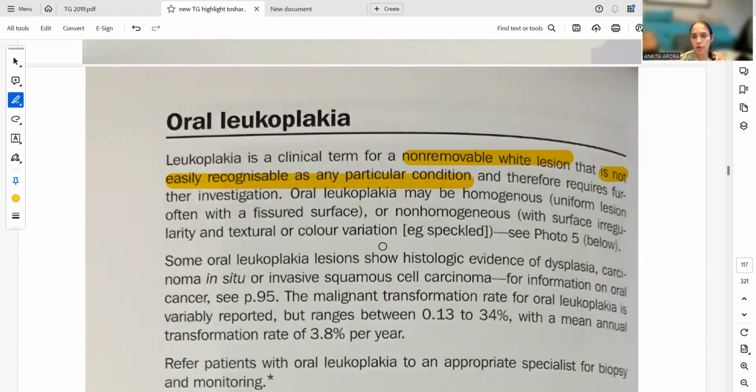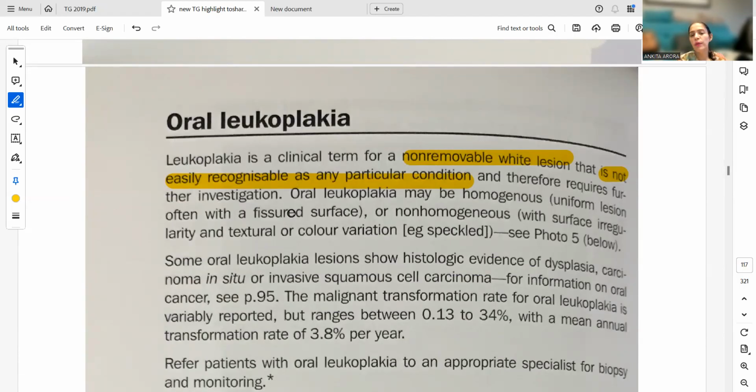We have ruled out traumatic ulcer or anything which could present as a white lesion, non-removable, non-scrapable like candidiasis. So when we cannot ascertain any particular condition to it and it's still existing, it is then a clinical term for leukoplakia, and it needs further investigation.